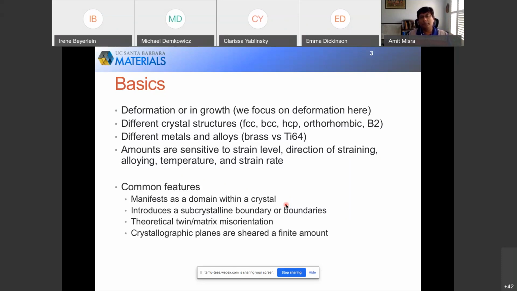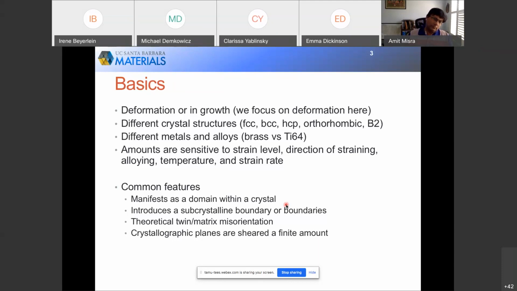Some common features among them, somewhat of what I had discussed in the previous slide, is that they do manifest as a particular volumetric domain within a crystal. And so they're very easy to see and analyze. That's probably the easiest part of deformation twinning. And when they do occur, they are a domain that has a different orientation.